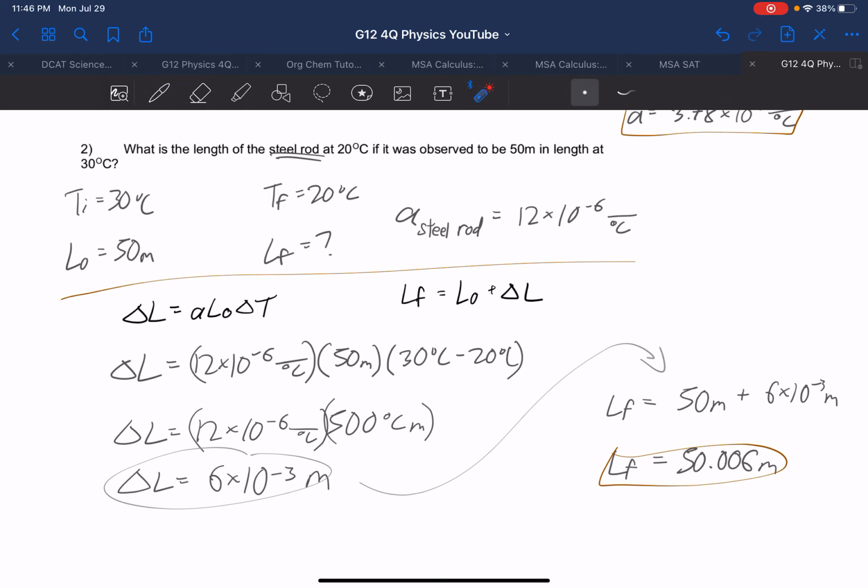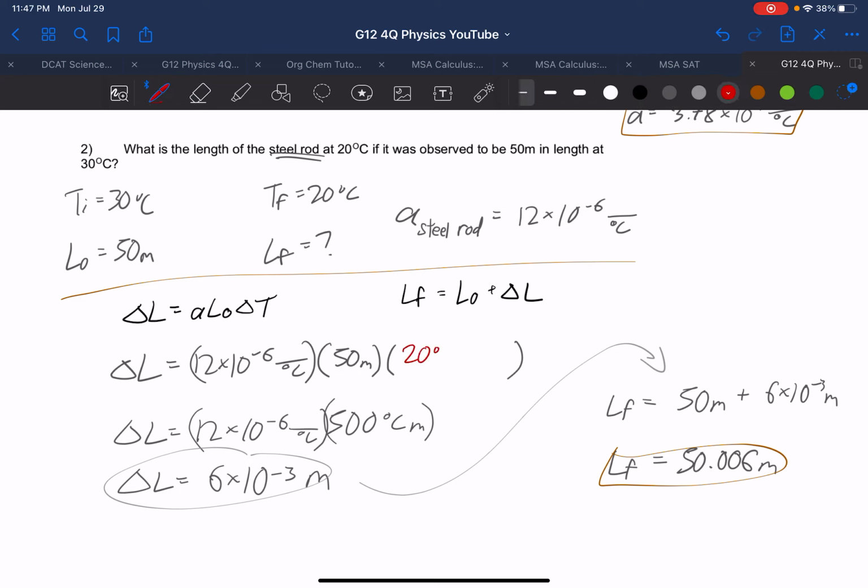Because we came from a higher temperature, the final temperature is lower. So logically, the object is supposed to not expand. But based on our answer, it appears that it did expand. So I guess I don't know what to believe anymore at this point. I guess my teacher is wrong in this part.